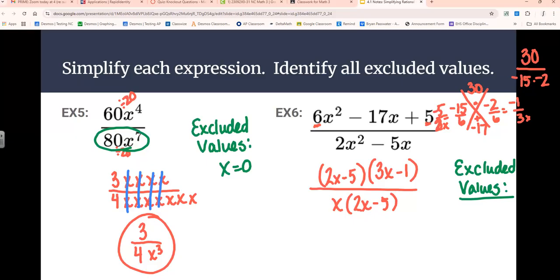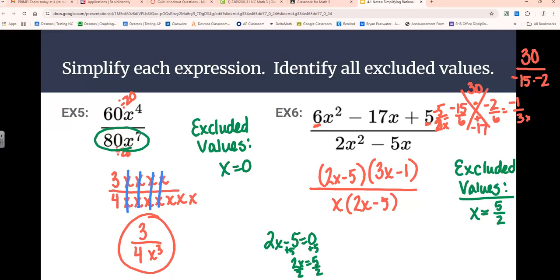What number would I plug in? That one's not as easy off the top of your head because it's got that 2, right? But I could go over here and do 2x minus 5 equals 0. Make me a little equation. And I just have to add that 5. So 2x equals 5. What do I have to do then, Hector? Divide by 2. So x equals 5 halves is one of them.